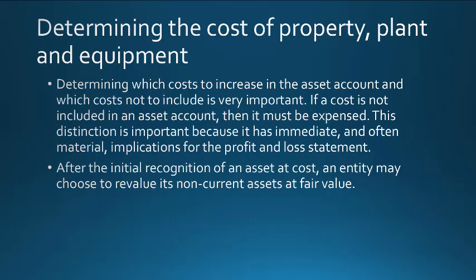As I mentioned a while ago, if it is capitalized, the expensing of that portion will be allocated through periods of time, while if it is an outright expense, it will have a significant effect on the profit or loss statement. And then after the initial recognition, the entity may either use the cost method or the revaluation method. A separate discussion on that will be seen in one of my recorded lectures.